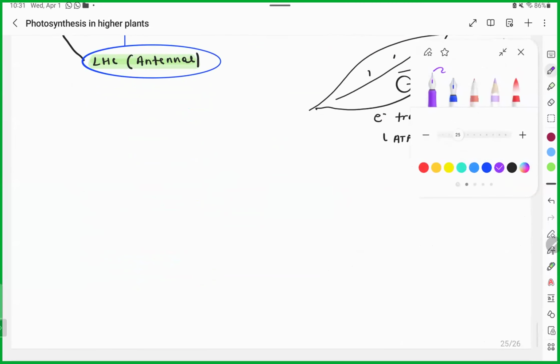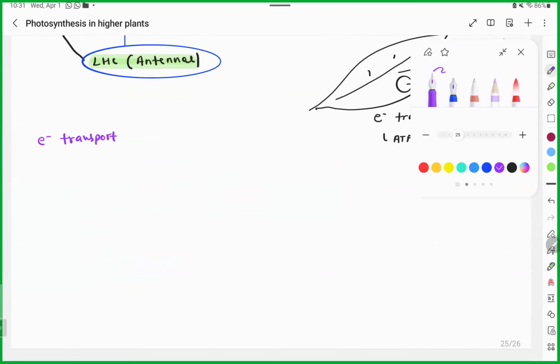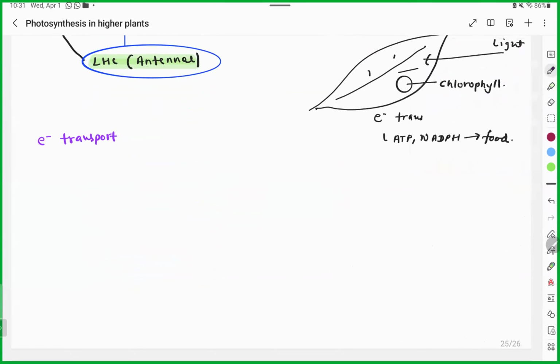Come to the next part. Now we know electrons will be transported, and due to the transportation of electrons, there will be ATP and NADPH formation. How? That is explained by non-cyclic photophosphorylation. What is the meaning of phosphorylation, Aditya?